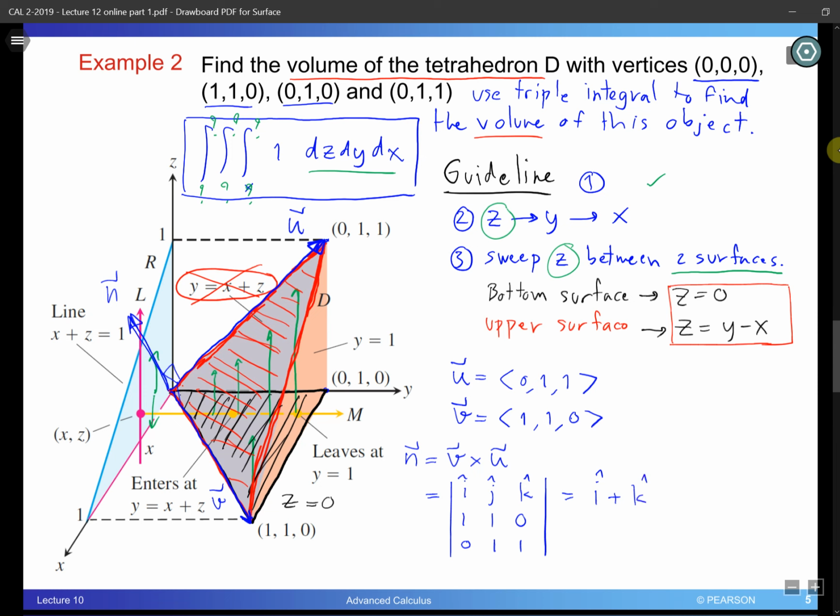For the i and k, I multiply down. Up here, k goes to 0, and i goes to 0, and j is not 0. So I have n equal to (1, -1, 1).